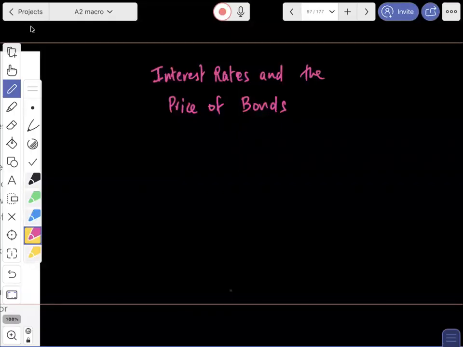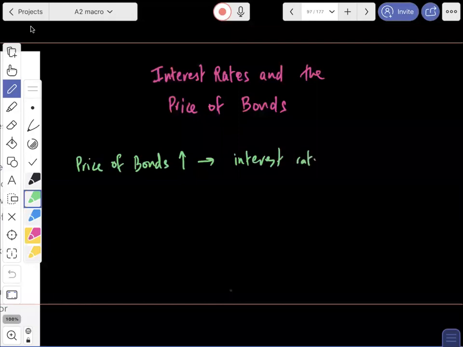So guys, if everything is sorted, let's look at this. We say that when the price of bonds goes up, interest rates fall. Let me write it one more time.